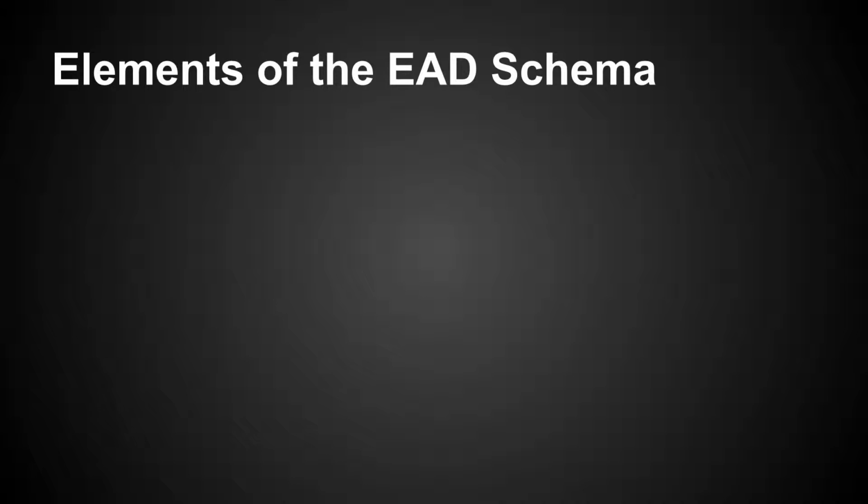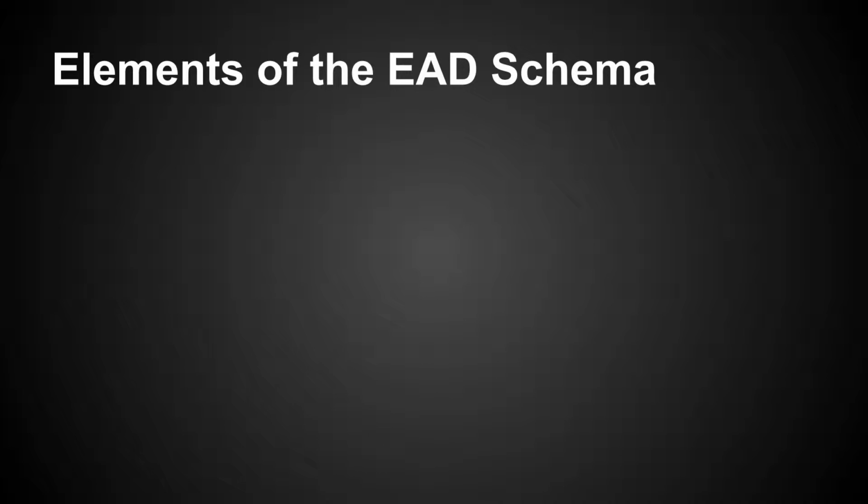Alright, so I'm going to go into some of the elements of the schema itself. As I stated earlier, it's a hierarchical markup, so it's important to that EAD schema. So it's based on general principles of nesting different descriptions.